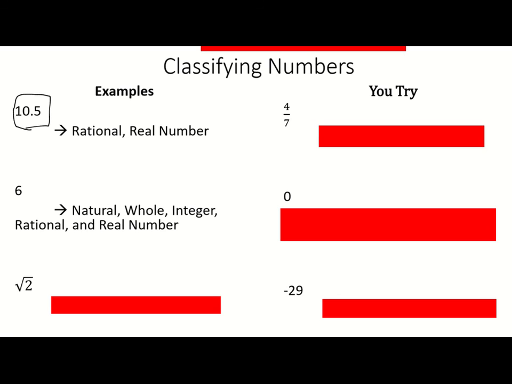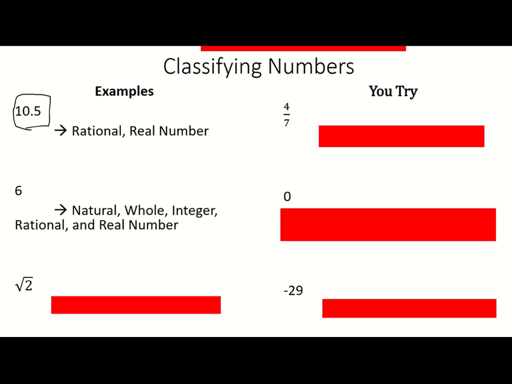The next number we're going to take a look at is the square root of 2. Whenever square roots are involved, you want to ask yourself, can I simplify that square root? Square root of 2, that's not a perfect square. So anytime that you have an imperfect square, you cannot just take the square root and tell me what number it was.